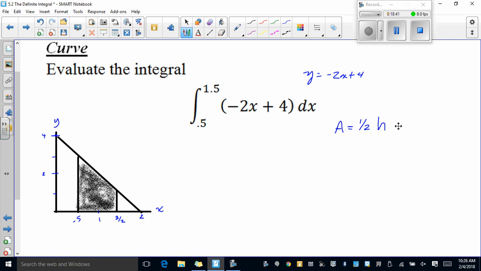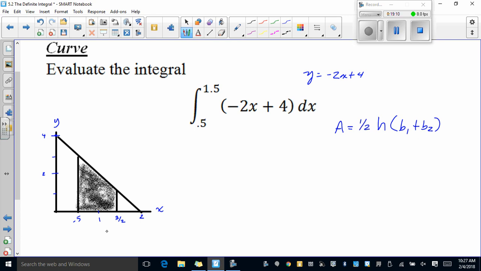And since this guy here is not parallel, your bases have to be parallel. Bases have to be parallel. This guy is not parallel to this guy, so this guy here is your height. And then this one here would be your base 1, and this one here would be your base 2. And if you got your bases backwards, who cares? It's not that big a deal.